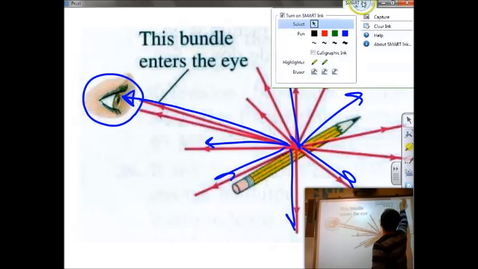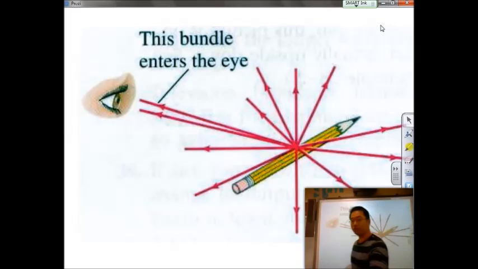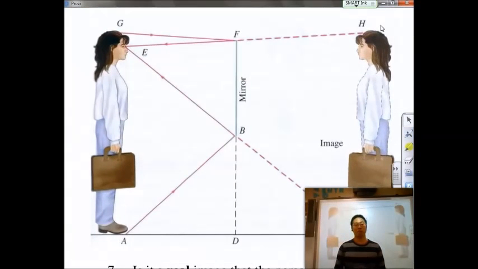But what does this have to do with optics and mirrors? Well, if you turn to the next page in your packet, you'll see a diagram of a woman who is looking at herself in the mirror. And the question is, why is the woman able to see herself in the mirror?